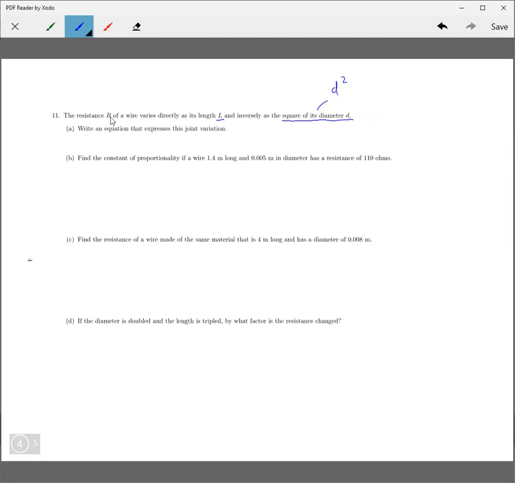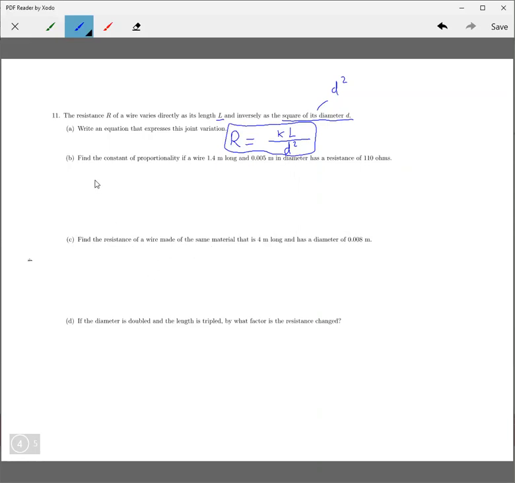So the resistance R varies directly, so R equals, put a K in there. Directly as the length, that means L is in the numerator. Inversely as the square of the diameter, so D squared is in the denominator. Like that.